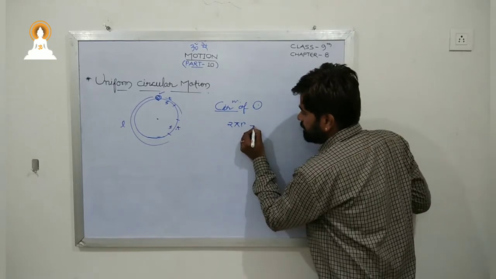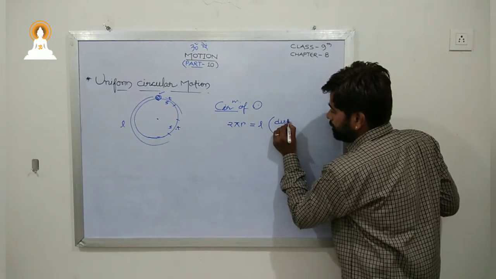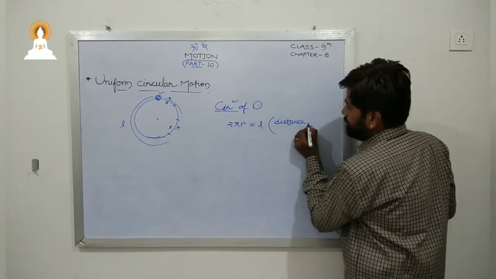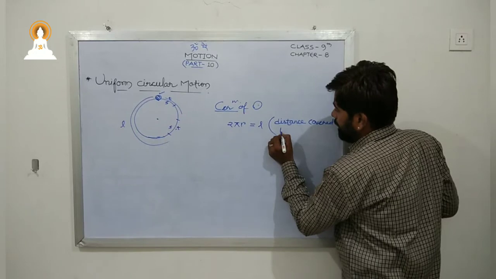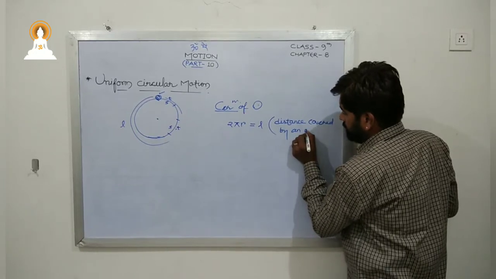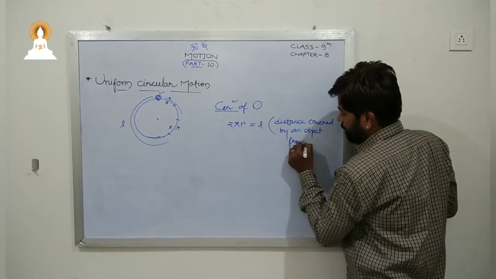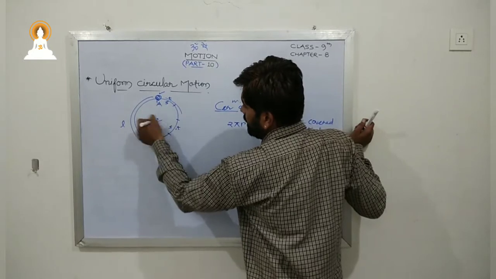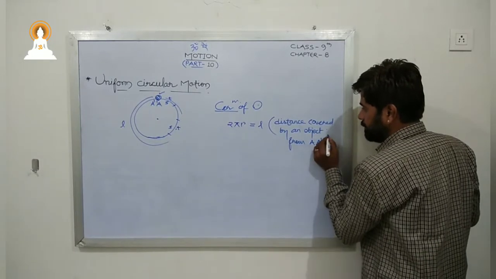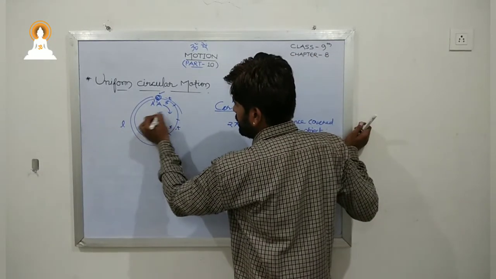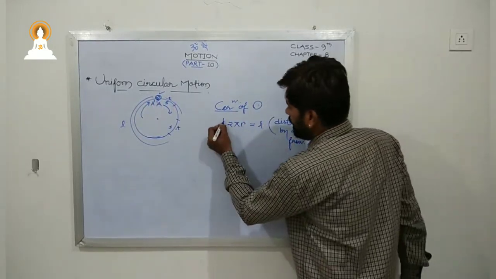So here 2 pi r is nothing but L, the distance covered by an object from A to A dash, where A is the initial point and A dash is the terminal point. So that will be 2 pi r.